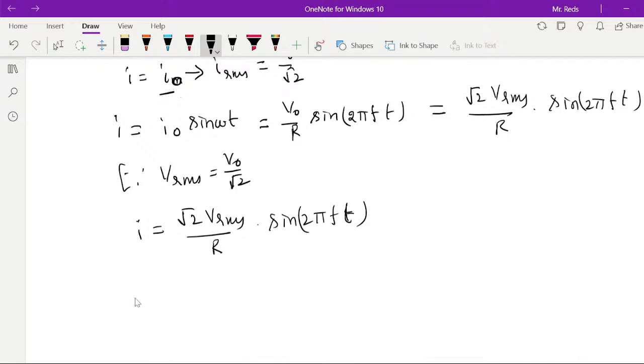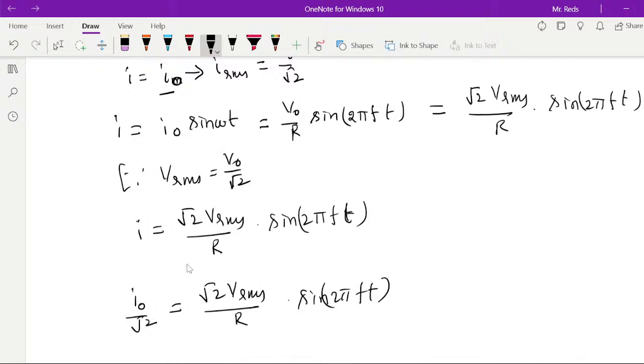So when I becomes IRMS, that is I naught by root 2, which is equal to root 2 times VRMS by R into sine 2 pi f t. How much time it takes for I to become this much is the question.